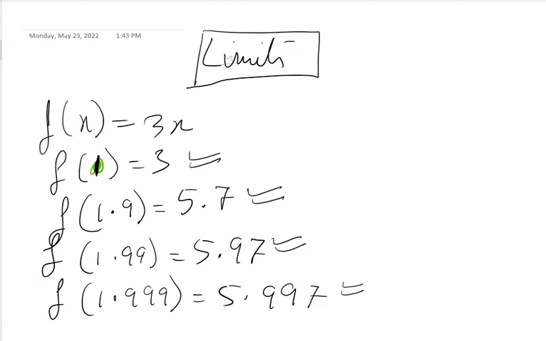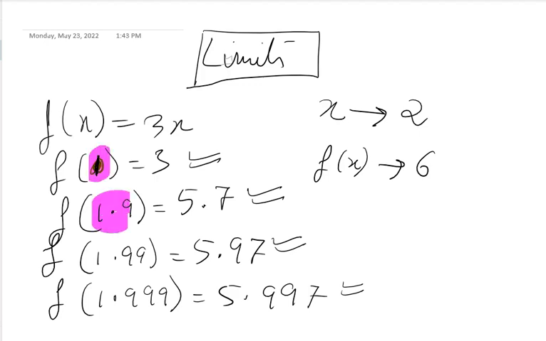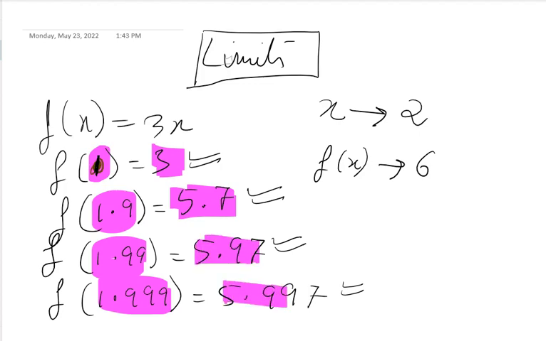So what is happening? As x is approaching 2, the function f of x is approaching 6. You notice very carefully, the x values are approaching 2, and the functional values are slowly approaching 6.